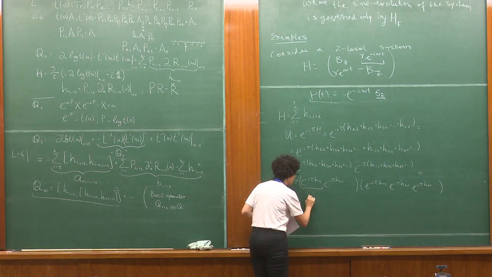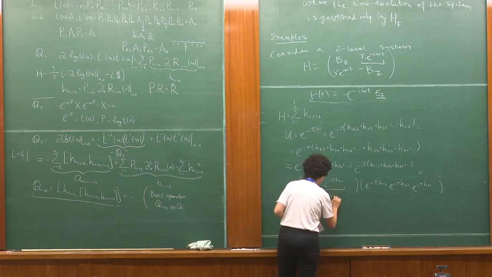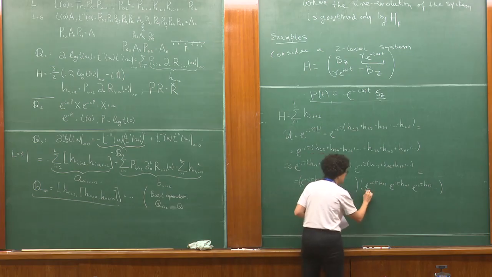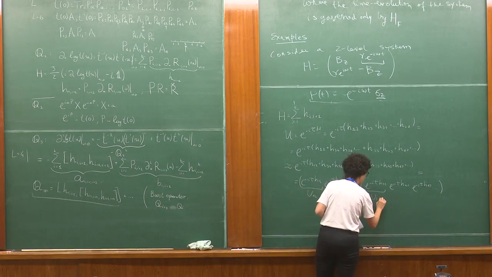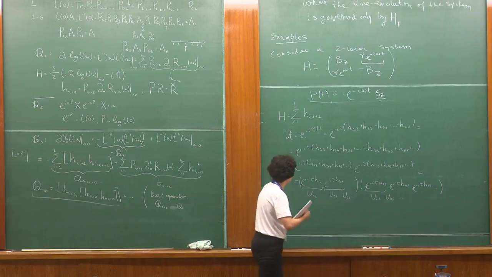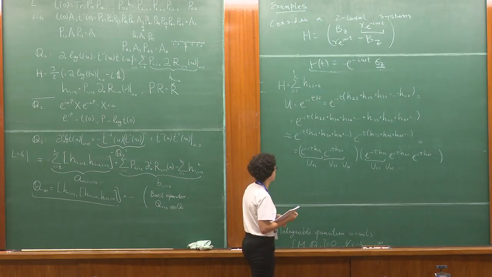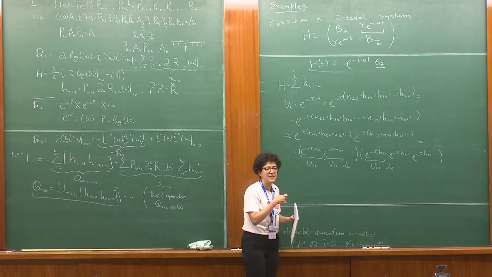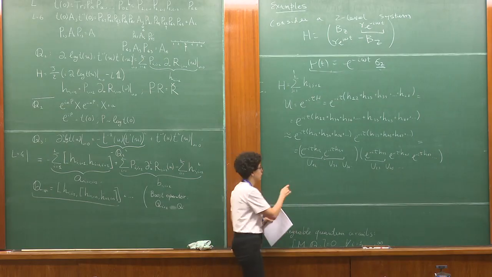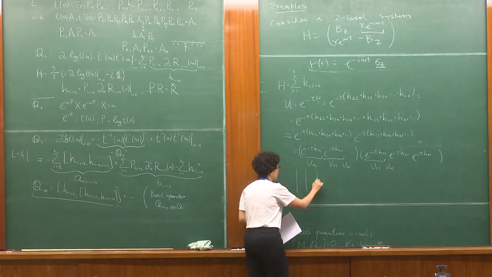I will call this U12, this U34, then U56 and so on. And this is U23, U45, and so on. So this is now our evolution operator U, and we can represent it with the blocks I was drawing before, exactly in this way.